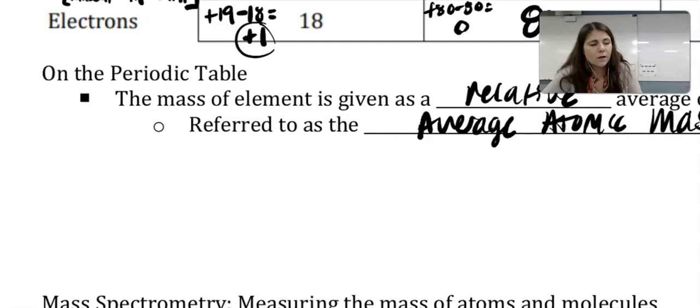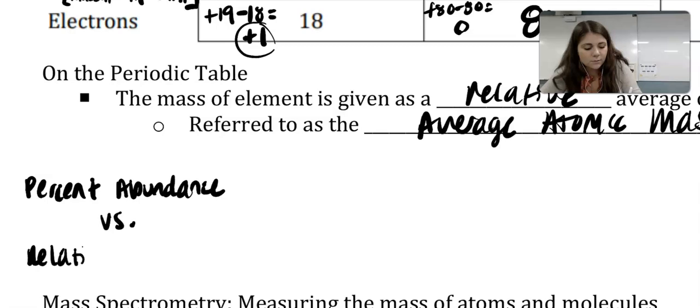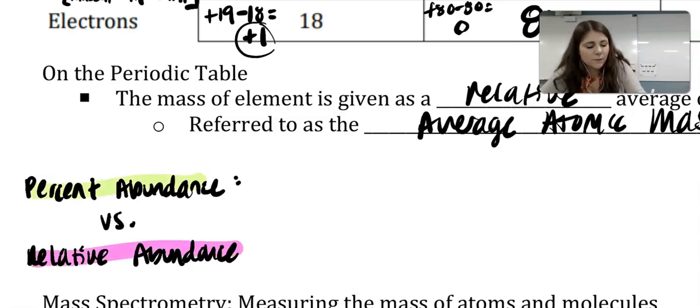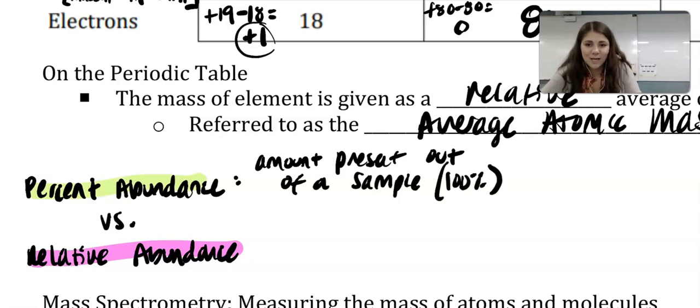Few things that I want to talk about when it comes to average atomic mass. There are two different vocab words for us to know: percent abundance versus relative abundance. So here, when it comes to the percent abundance, this is going to be the amount present out of a sample. So when you think of a percent, hopefully you're thinking in your head 100%.